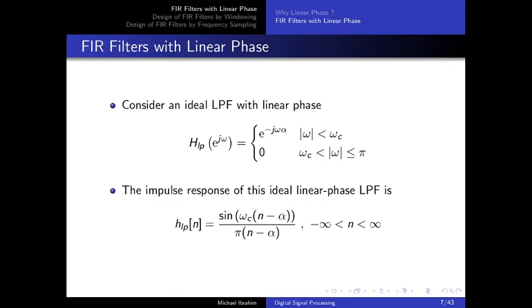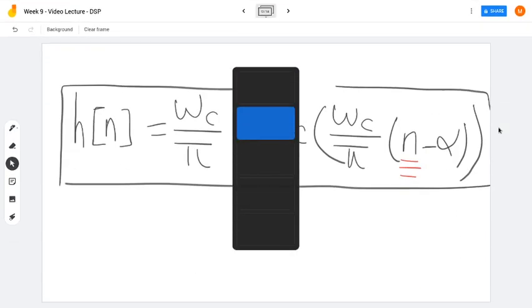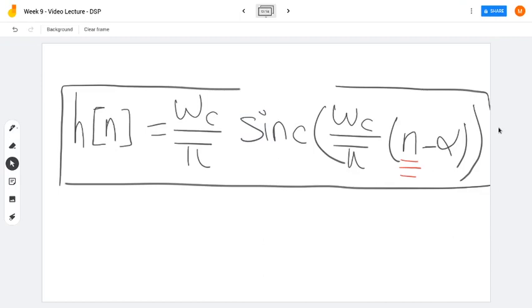Okay, in order to understand the implication of this shifting by alpha, let's move to our whiteboard over here, and in order to plot this impulse response, let's do it this way. Let's plot h of n as if we have a continuous variable. So instead of using discrete values for n, we will assume as if we have a continuous variable, and then we will sample the function we have in order to get the discrete values we're looking for.